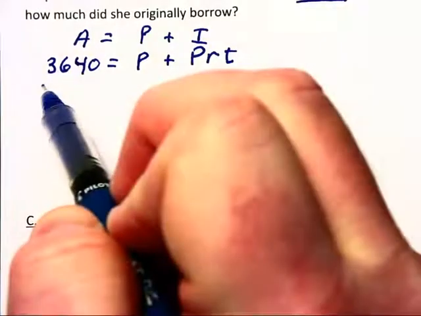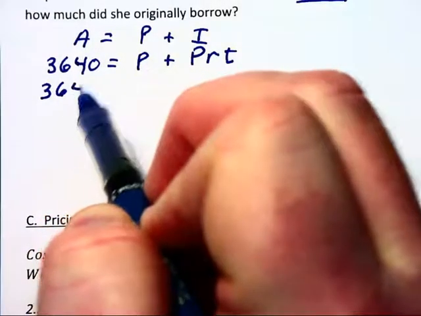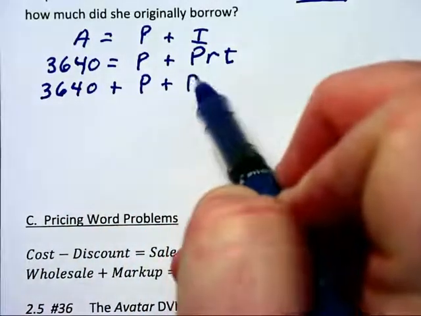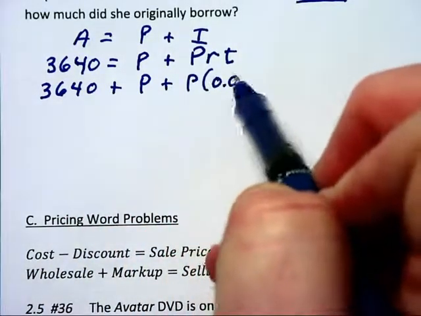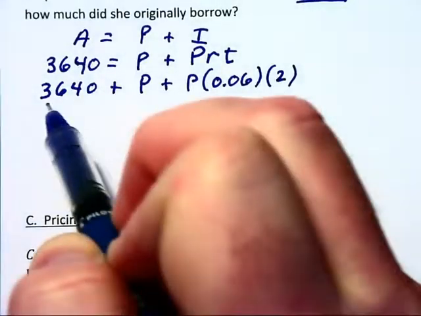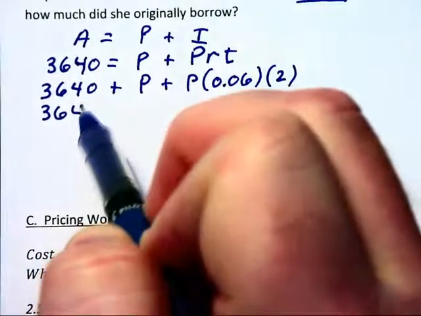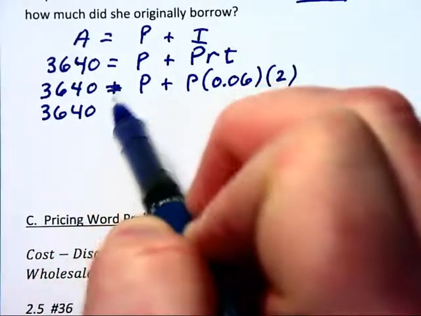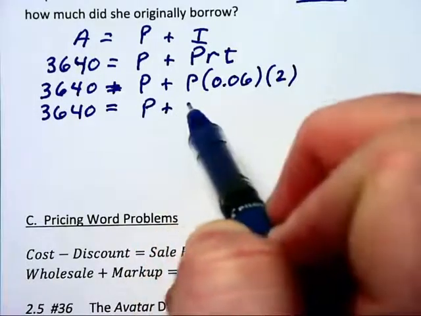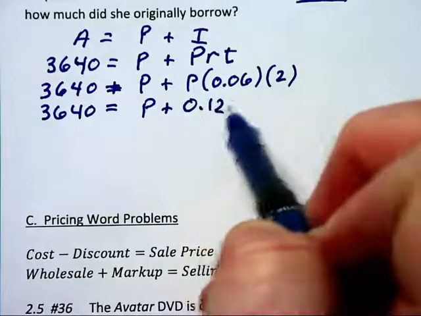Now, we do know what the interest rate is and the time is, so I'm going to have P plus P times 0.06 times 2 for 2 years. 3,640 is equal to P plus 0.12P.